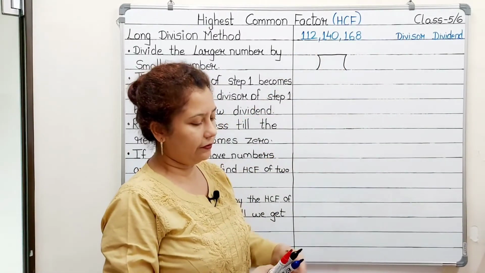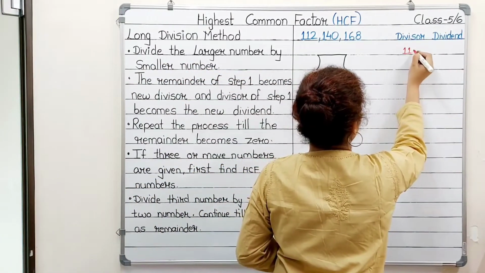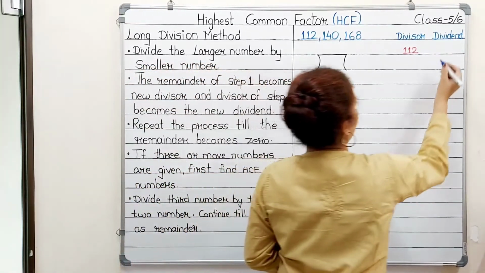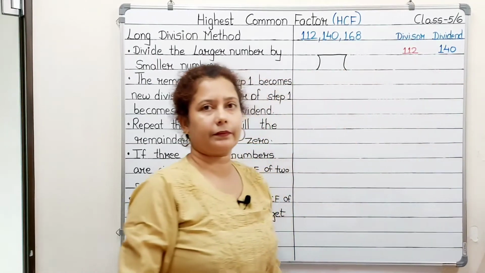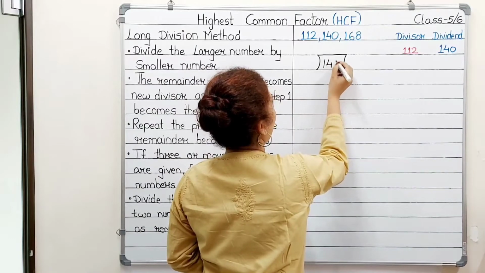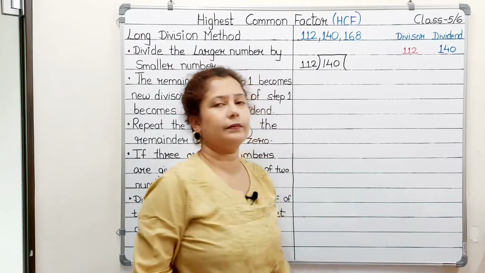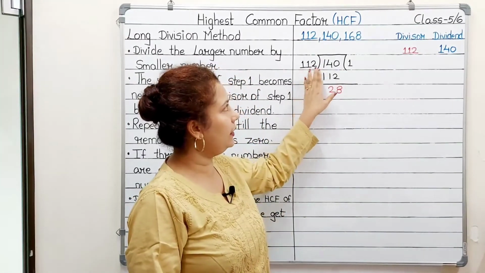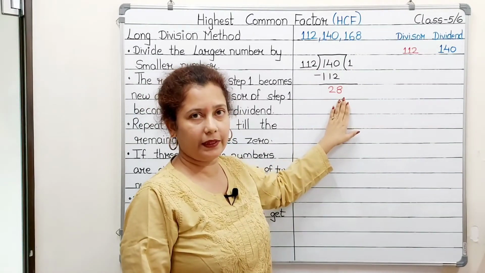So 112 will become our first divisor, and the first dividend will be 140. So we will divide 140 by 112. When we divide 140 by 112, we get 1 as the quotient and 28 as the remainder.